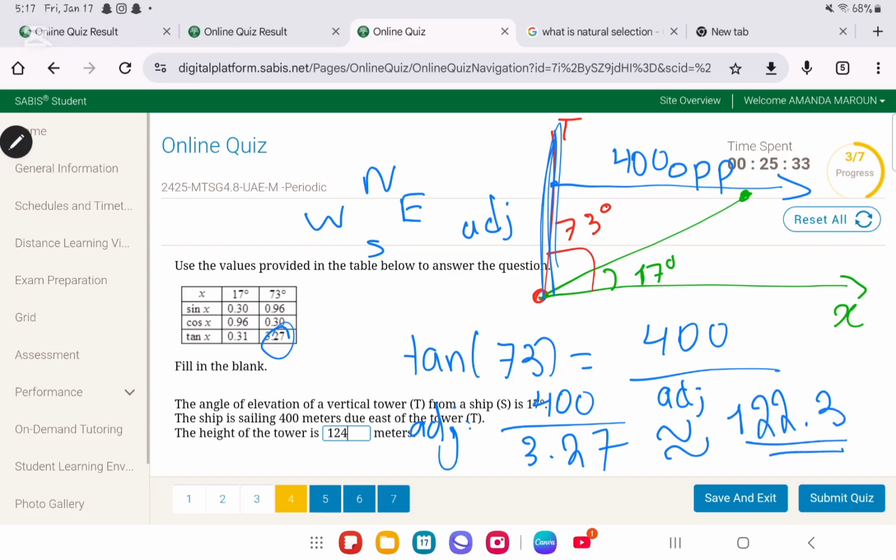122.3. Now this is not accurate, so I want to see what happens if we use tangent 73 itself. Again, tangent 73 itself is gonna give you 122.3. So if you use the second way, you are gonna get 122.3, which is not accurate. So that's why it's always preferable to use the first way.